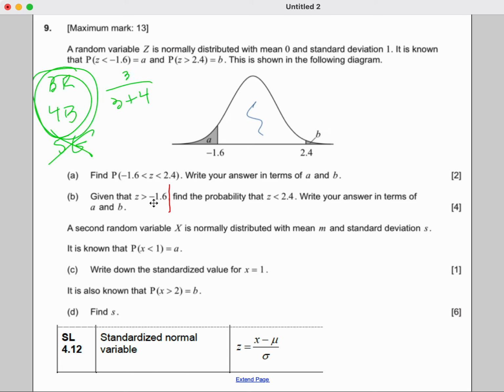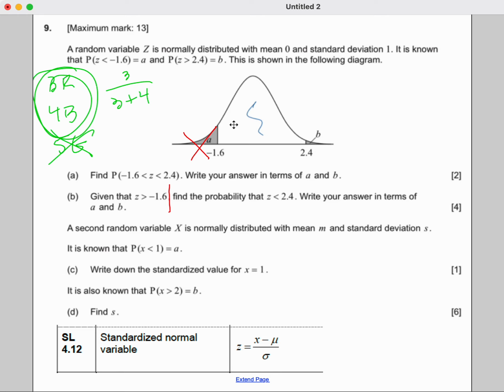Okay, so by them saying, given that the random variable z is greater than negative 1.6, this guy is out. We don't consider him anymore. Okay, find the probability that z is less than 2.4. Well, what does that mean?